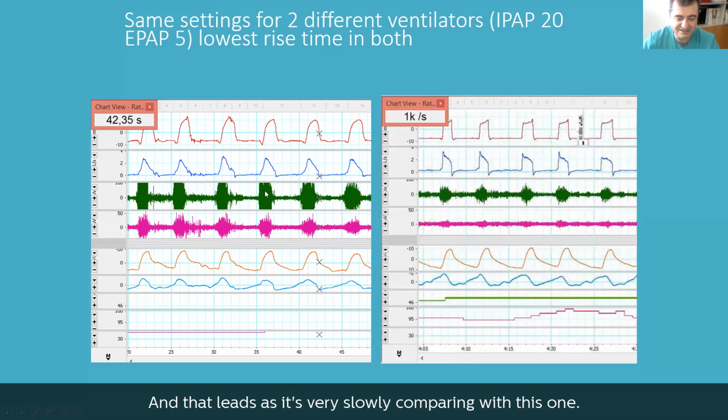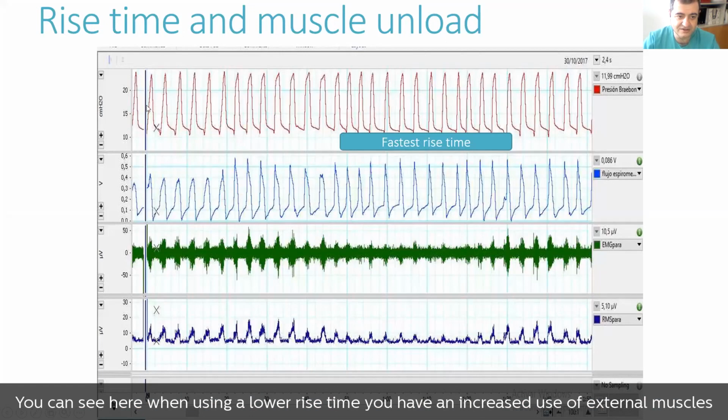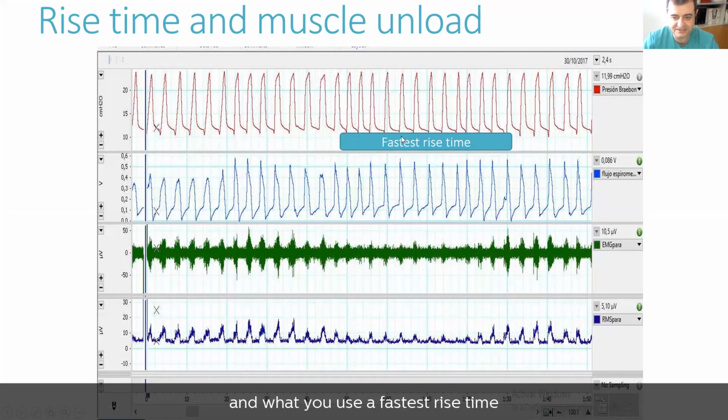As it's very slow compared with this one, it will increase the use of inspiratory muscles, while a faster ventilator will decrease the use of inspiratory muscles, unloading them. You can see here, when using a slower rise time, you have an increased use of parasternal muscles, and when you use a faster rise time, it will decrease the use of these muscles.